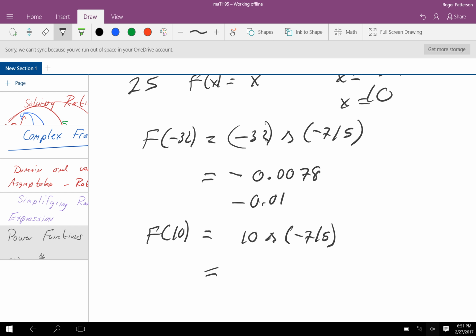Just 0.01. 0.04. I've got 0.0398. Okay. What are we getting? 0.04. Not negative.